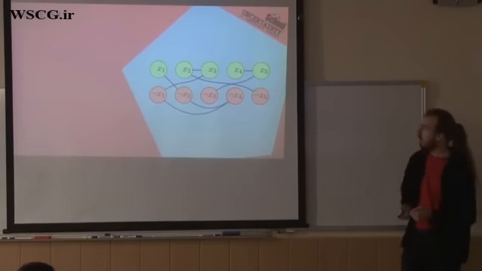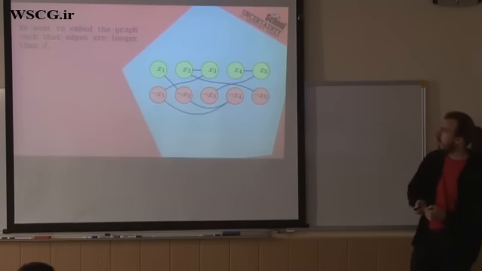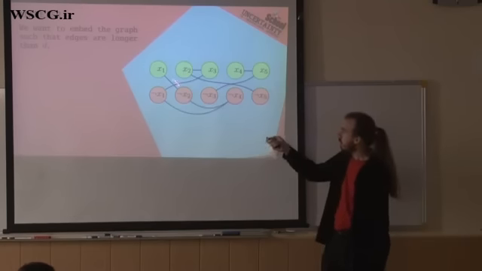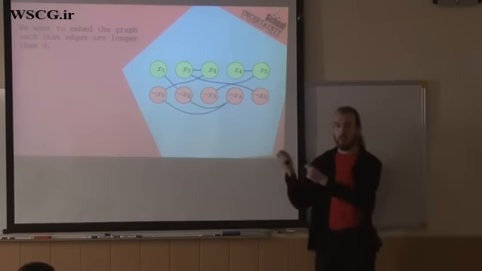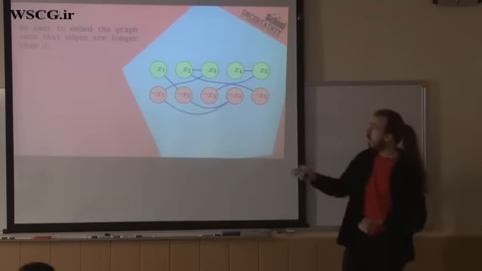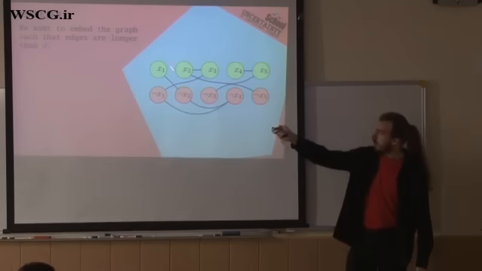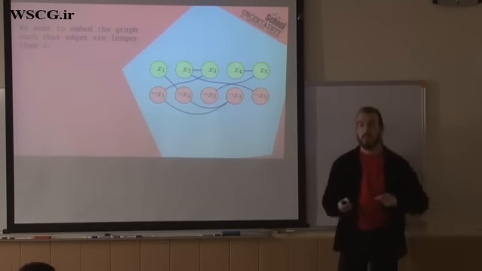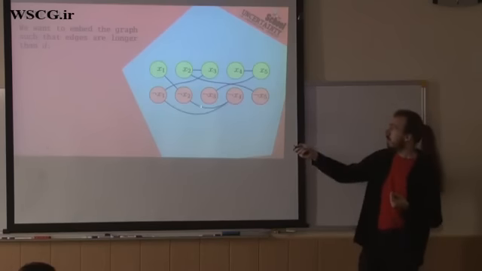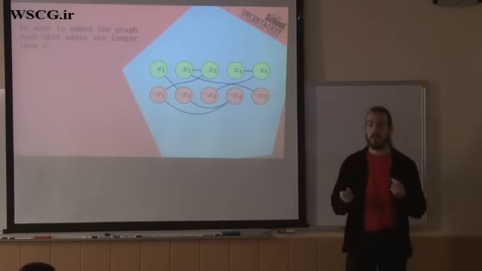Okay, so for this, the idea is that we can embed this graph. So for every vertex, I'm going to pick a point in the plane, so it's like a graph drawing problem, in such a way that if there's an edge between my 2 points, their distance is greater than d. And if there's not an edge between my 2 points, the distance is smaller than d.